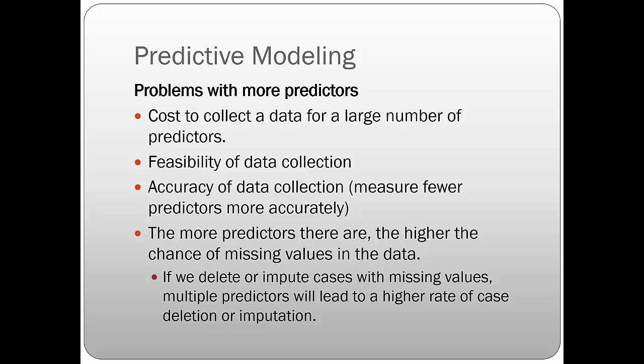So if you opt to get rid of the data, then your available sample size will become smaller and smaller. That's not a good idea. And if you impute, if you figure out what could be the value and impute it, then you're introducing your guesses there. So both options are not perfect, but of course throwing away observations is more of an issue than imputing. Imputing definitely is a better option than just throwing away observations.